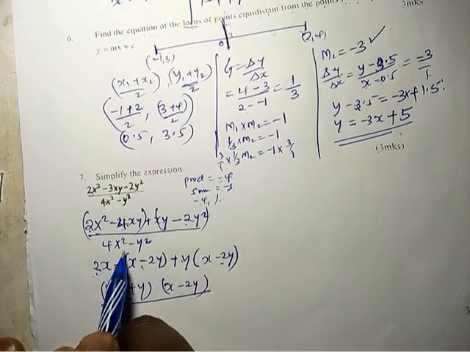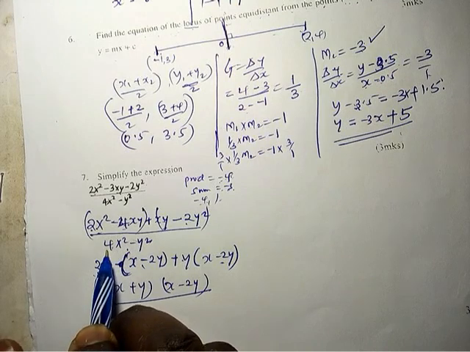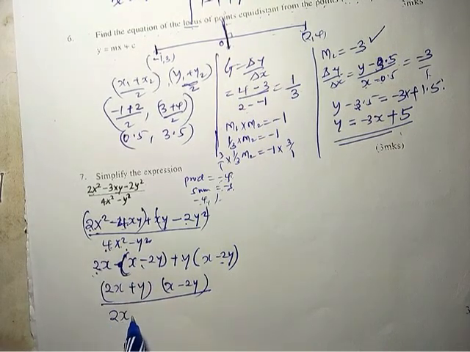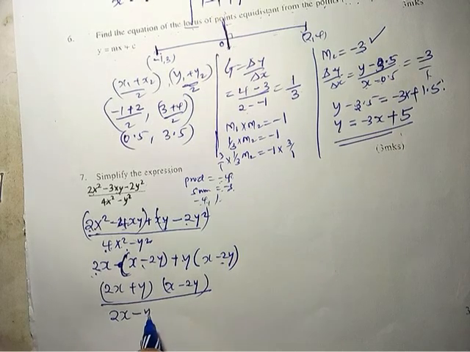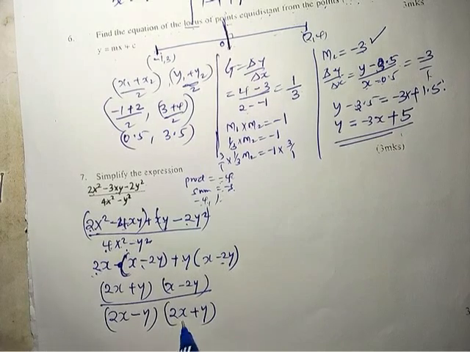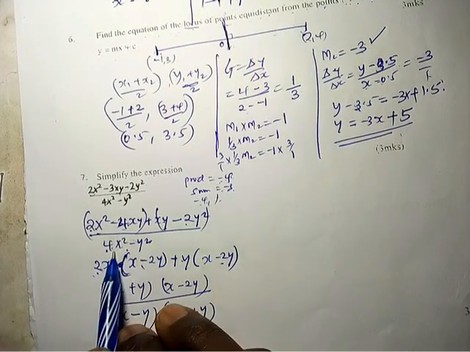Divided by, this is a difference of two squares. So this simply means it is 2x minus y, 2x plus y. That's what it simply means. This is a difference of two squares.